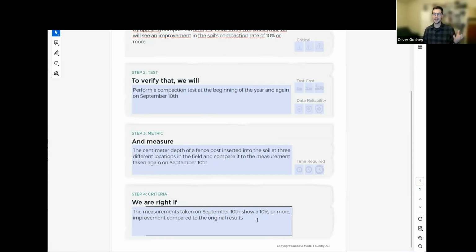So we need to take the complete value of the centimeters that were inserted in the first test at the beginning of the year and the number of centimeters inserted on the second one, and then calculate that to see if there is a 10% change or more. In this case, it would need to be increased to show less compaction. And that will tell us whether we have proved our hypothesis or our assumption was incorrect. And of course, that's why we do these tests.